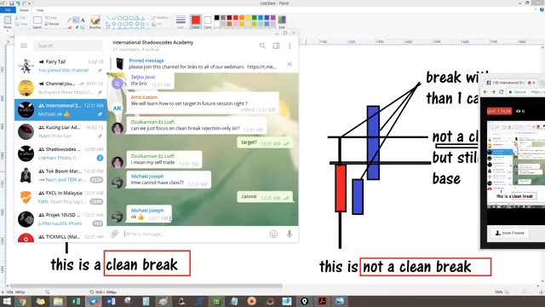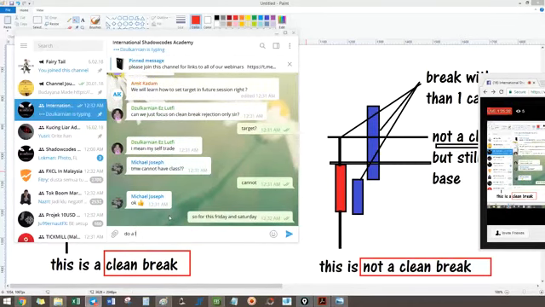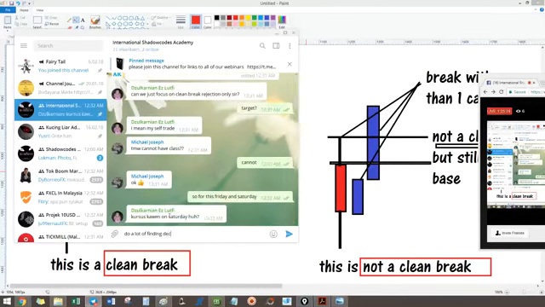So for this Sunday, today is Thursday, Friday already. For this Friday and Saturday, do a lot of finding decision point homework.